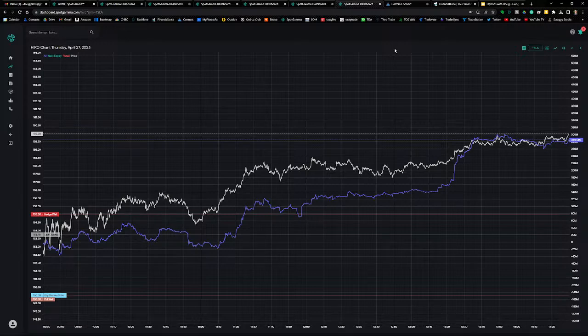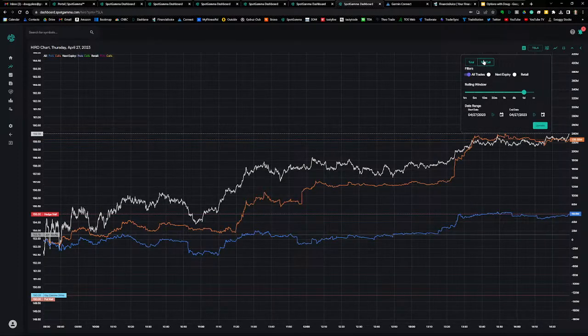And there's strong correlation between options trades, hedging activity, and price action. That's typical for Tesla. Looks like call buyers are driving today, shown by the rising orange line.